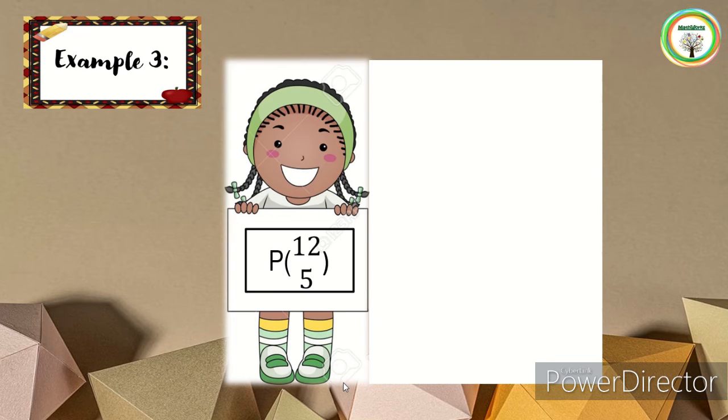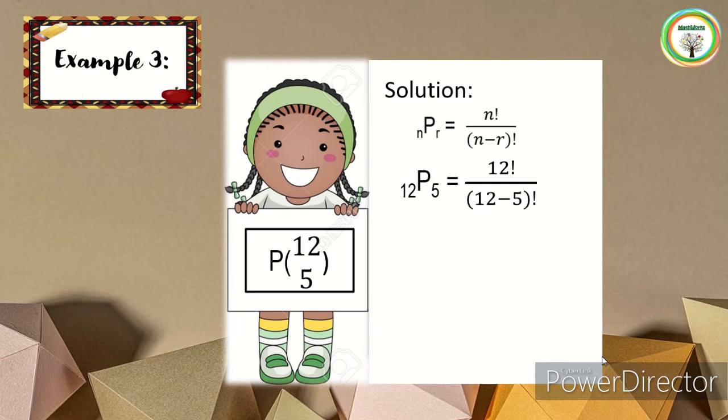Permutation of 12 taken 5. Again, using the formula, the value of n is equal to 12 and the value of r is equal to 5. So we have permutation of 12 taken 5 is equal to 12 factorial divided by the quantity of 12 minus 5 factorial. So permutation of 12 taken 5 is equal to 12 factorial divided by 7 factorial.